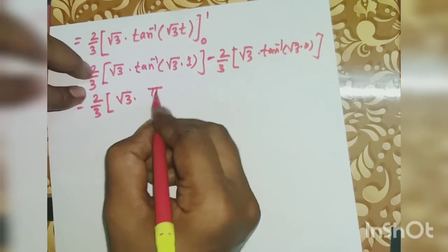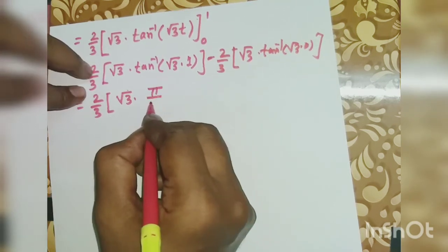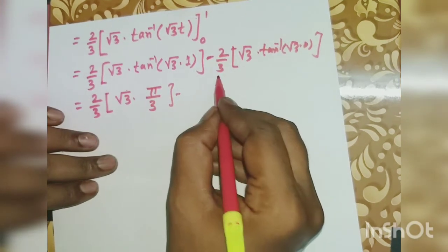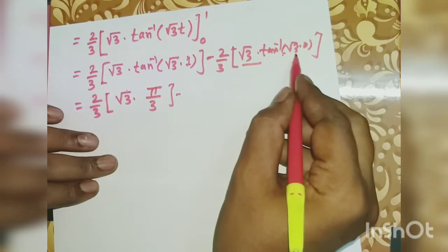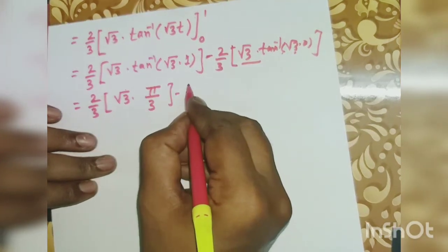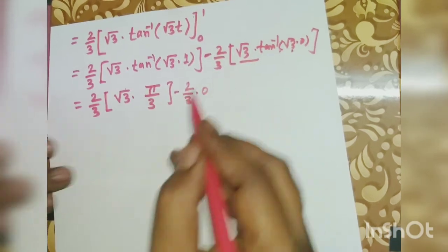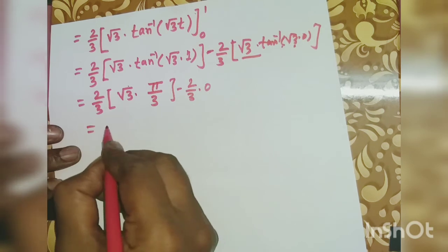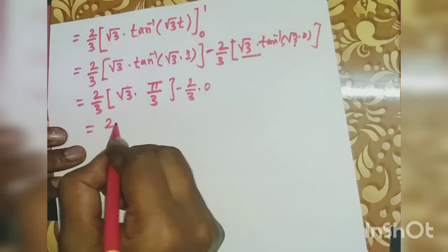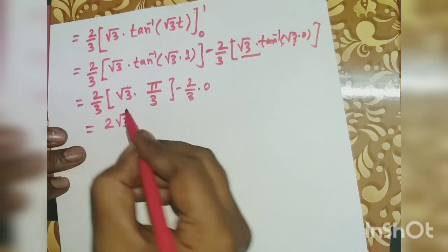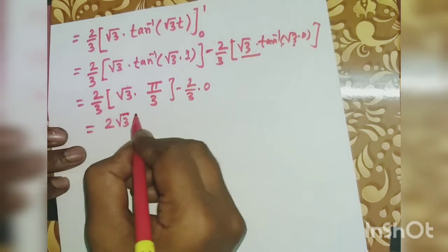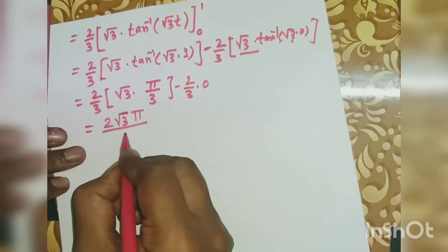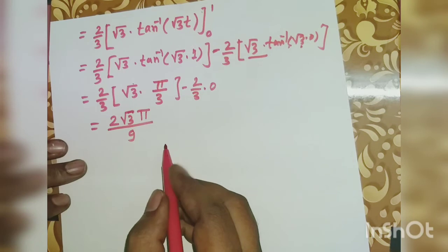Therefore, here tan inverse root 3 is pi by 3, minus 2 by 3 into tan inverse of 0 is 0, 2 by 3 into 0. It is equal to 2 into root 3 pi divided by 9.